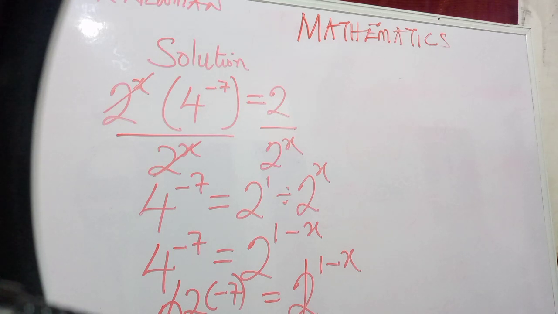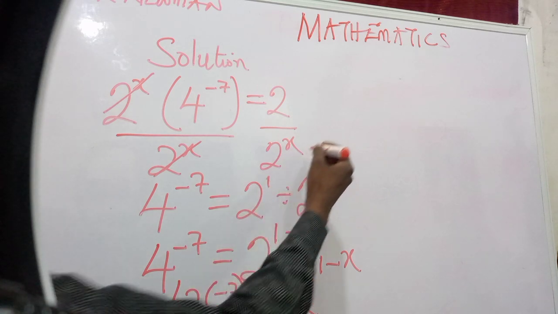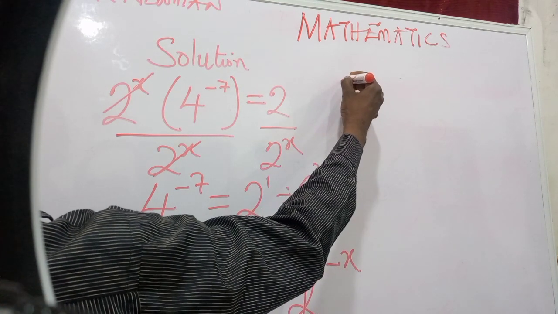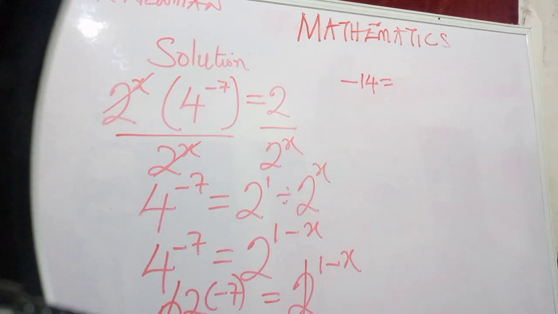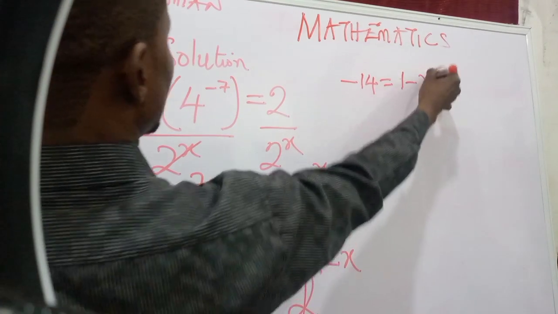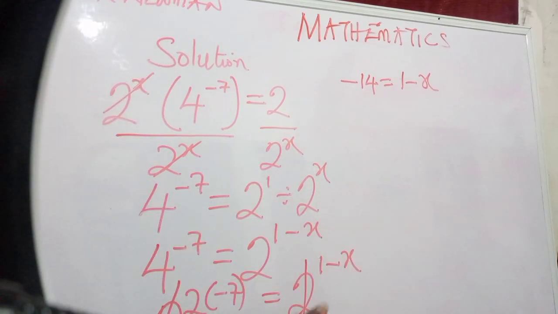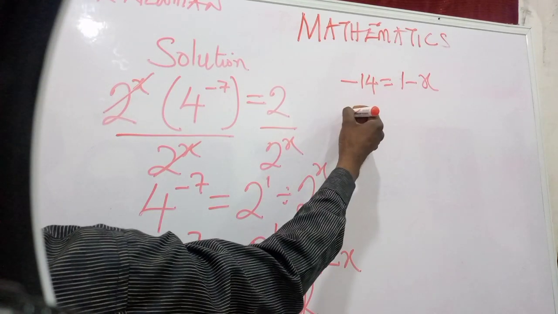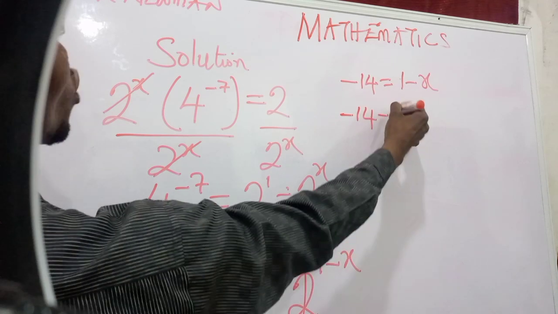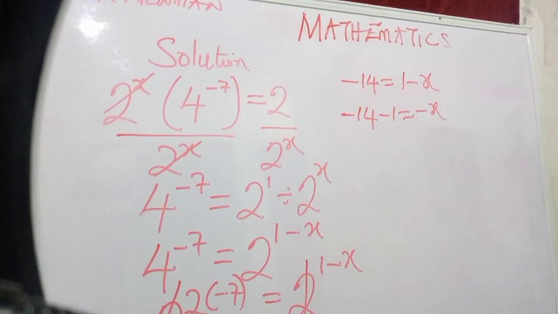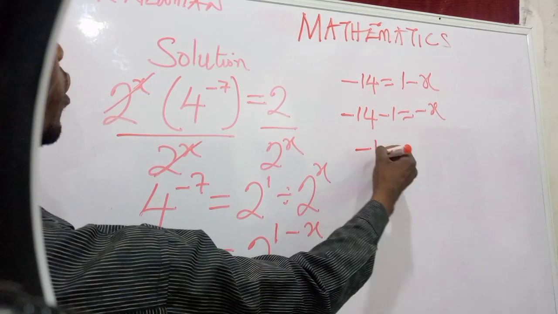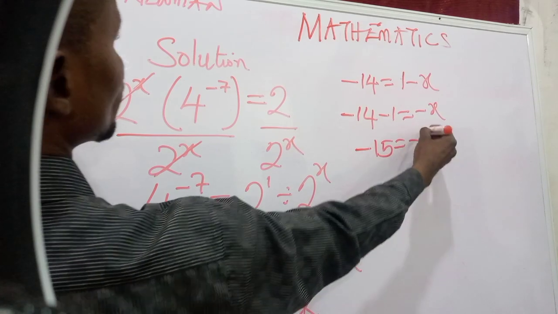So 2 times minus 7 will give us minus 14, equal to 1 minus x. We collect like terms, it becomes minus 14 minus 1 equal to minus x. So this will give us minus 15 is equal to minus x.